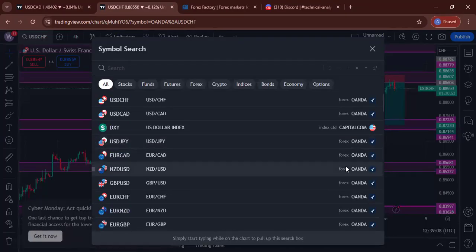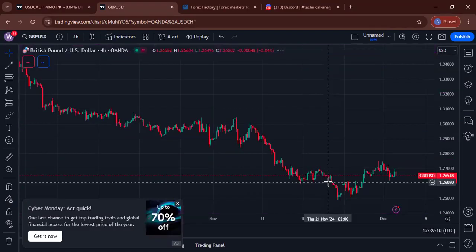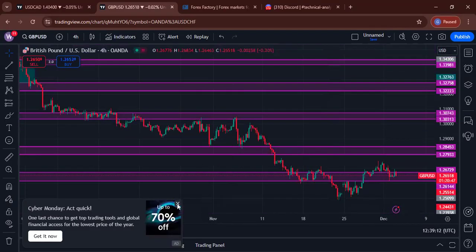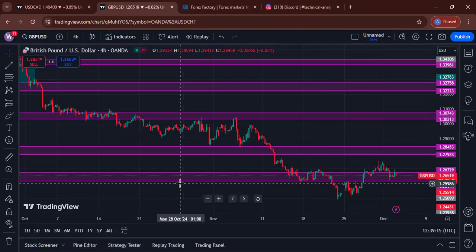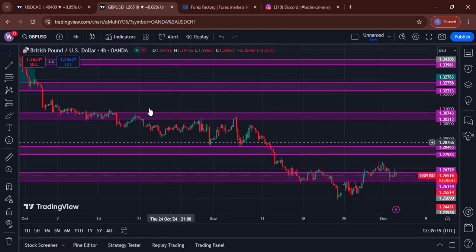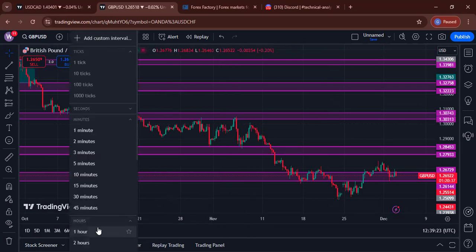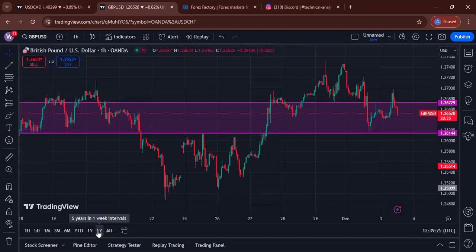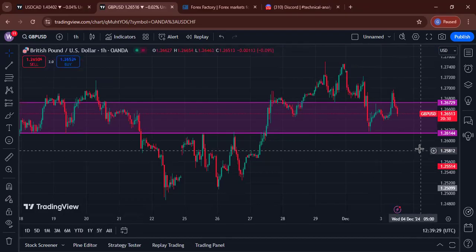Let's look at GU. For GBPUSD, we've had quite a lot of uncertainty with this, but I will be expecting a potential bullish reversal from maybe these areas here.